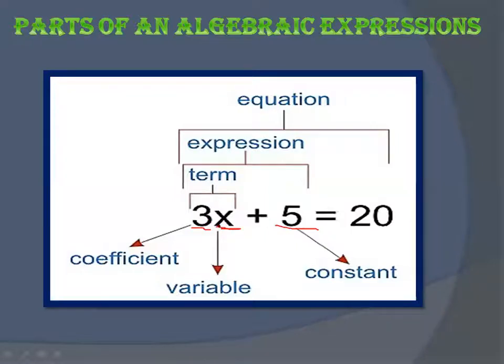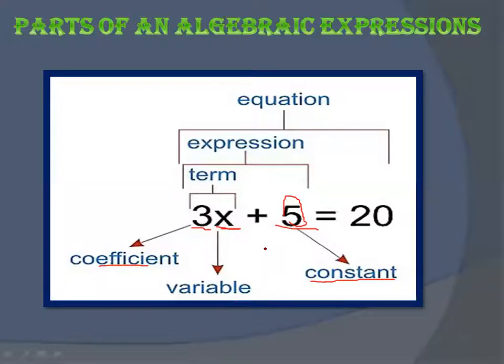The alphabet or letter is called the variable. 3 is multiplying with x, that's why 3 is the coefficient and x is the variable. The number 5 is not multiplying or dividing the variable, so this 5 is a constant.